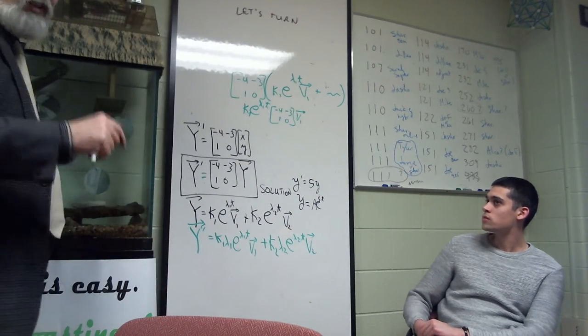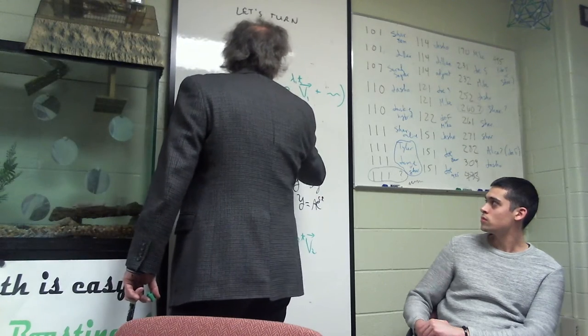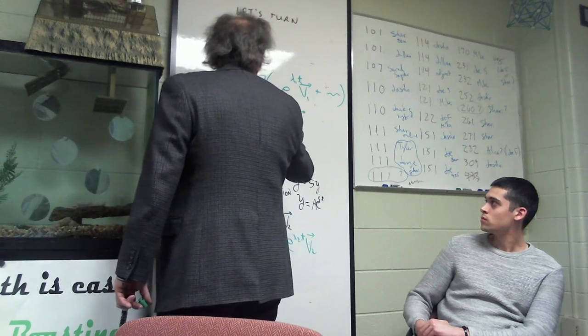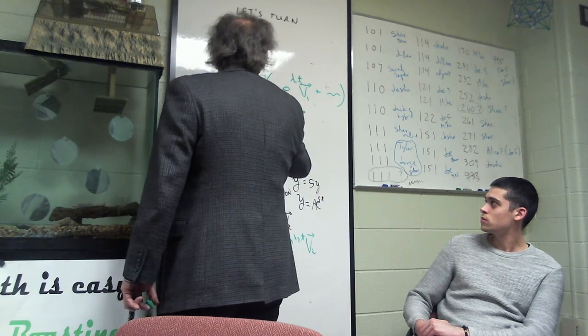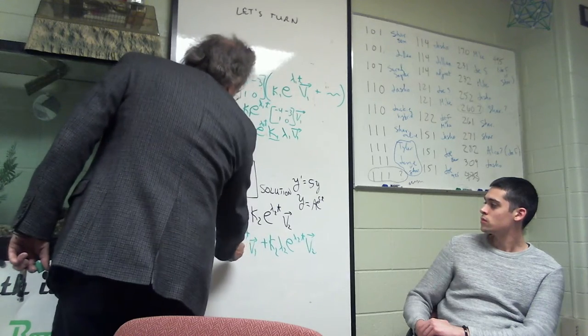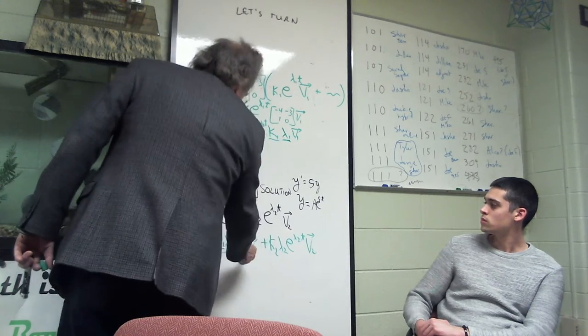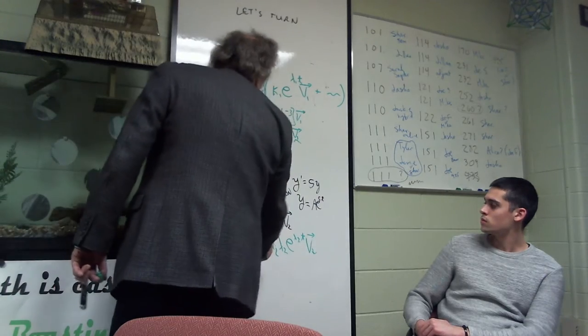So the matrix times the eigenvector is the eigenvalue times the eigenvector. And check it out. Here's k1, we got k1. Here's lambda 1, we got lambda 1. Here's e to the lambda 1t, we got e to the lambda 1t, and we got v1.